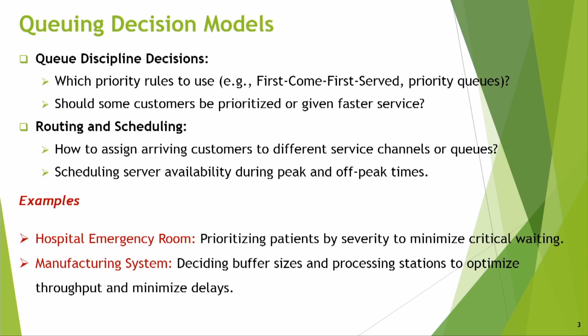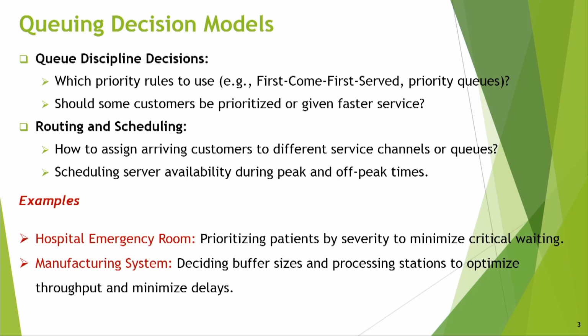You might have seen at the airport, some security person says, okay sir, please go that side instead of this side. So that type of thing also is done. Scheduling server availability during peak and off-peak times.